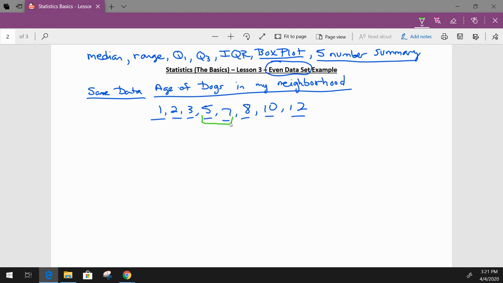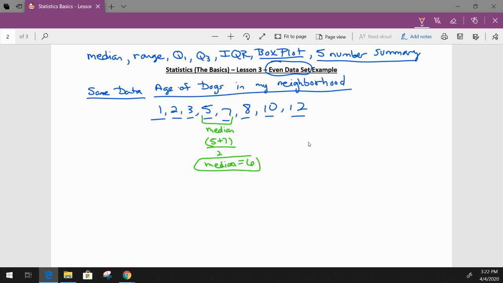So your median is the average of those 2 numbers: 5 plus 7 over 2, which equals 12 divided by 2, which is 6. So that's your median. When there's an even set of numbers, you have to take the average of the 2 in the middle. The range.